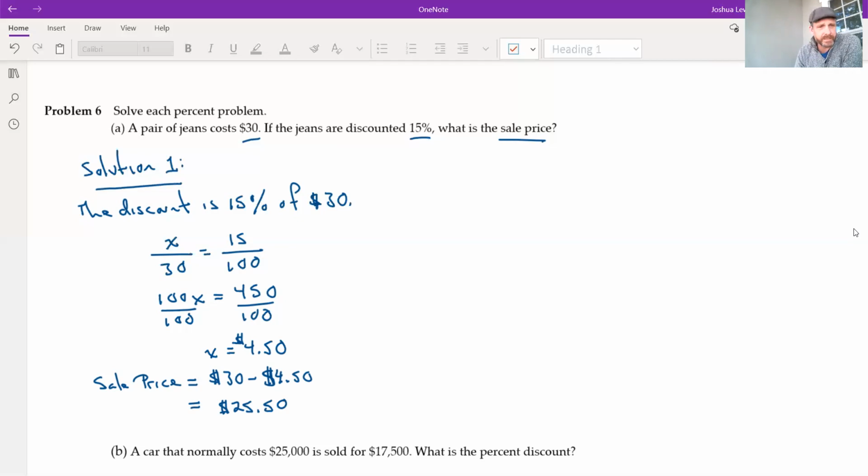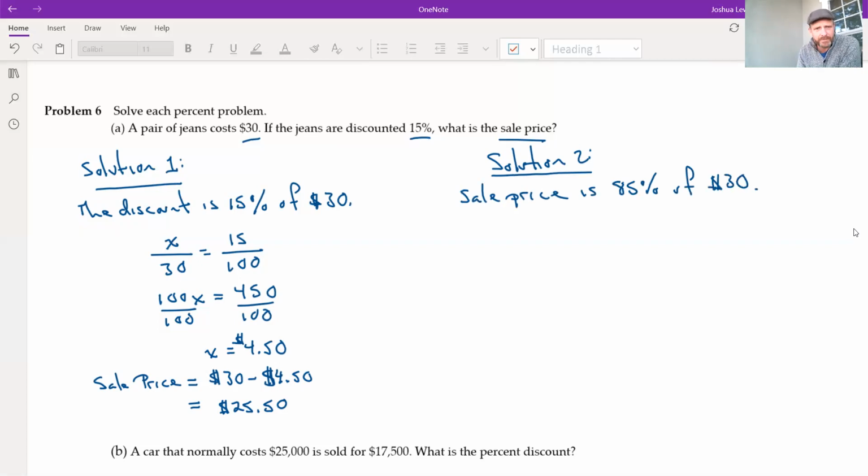There's a second way to do this, and in this case, instead of saying that the discount is 15% of 30, I'm going to say the sale price, not the percentage, but the actual sale price is, well, let's think about this. 100% of the price is $30. If we take 15% off of that, then we're only having to pay for 85%. So the sale price is 85% of $30.